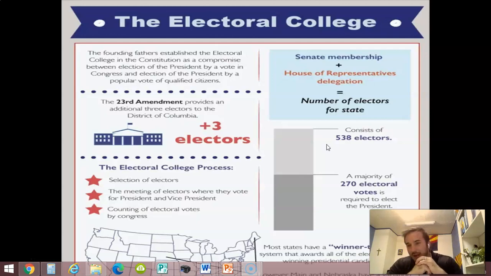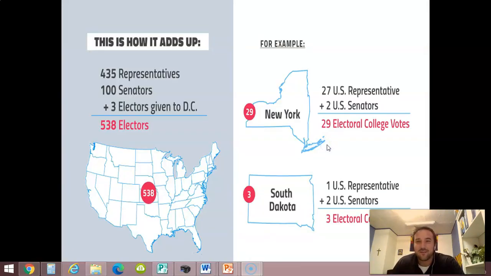If, and this has never happened, but if there would be a tie right at 269 for each candidate, it would actually go to the House of Representatives, and those people that we vote on would actually literally take a vote on who becomes president. Again, that's never happened. I don't know if it ever will happen, but it's a little neat side fact, in my opinion.